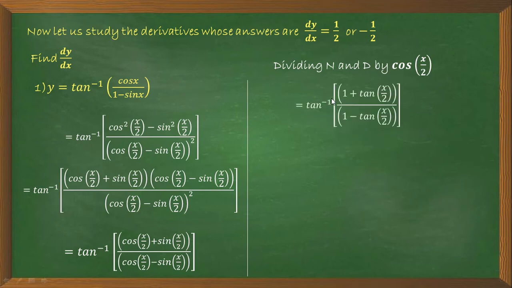Then what will you get? See here, we get tan inverse in bracket 1 plus tan x by 2 upon 1 minus tan x by 2. So we get this expression. All these are the trigonometric part. So this is 1 plus tan x by 2 upon 1 minus tan x by 2.